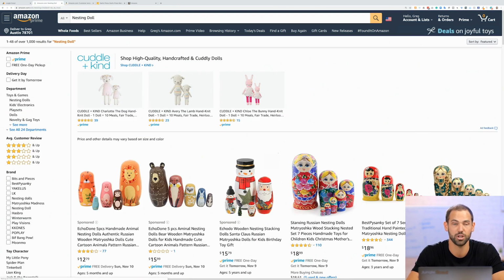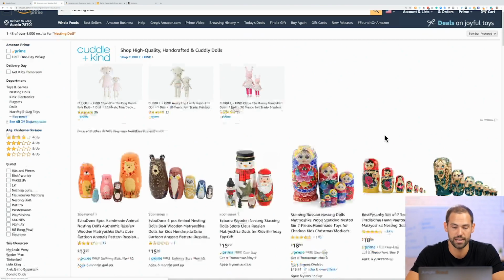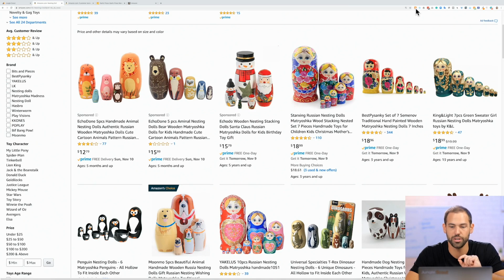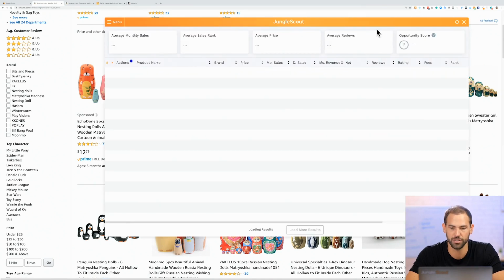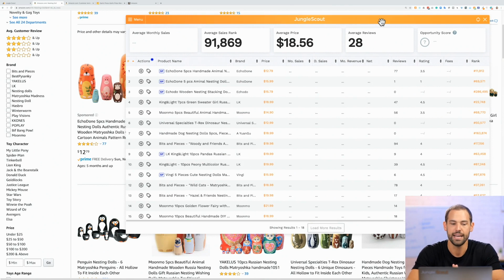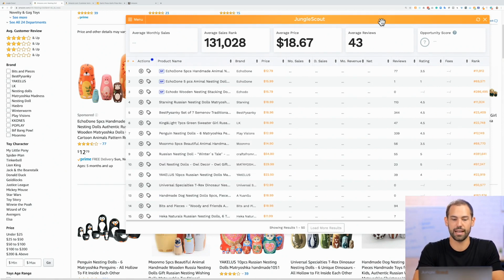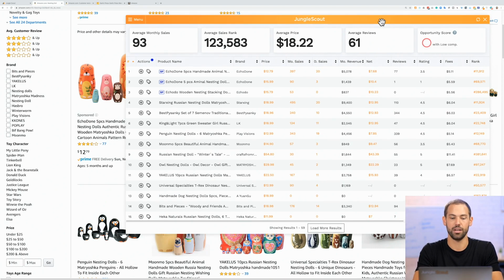To do so, I'm just going to search for whatever I think is the main keyword, all right? So these all look like nesting dolls. This looks good. From this point, I'm going to run the Jungle Scout extension, which I do by just clicking the little Jungle Scout button up there. And it's going to show me in real time what this niche looks like as a whole. So I get to see all the products that are in stock, how well they've been selling, how the sales are distributed, and how these different products are ranking.